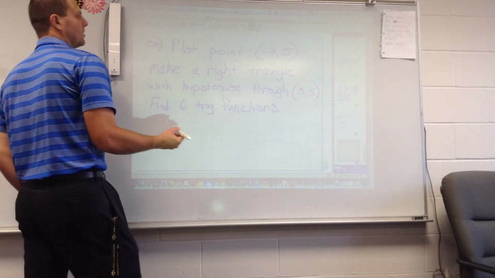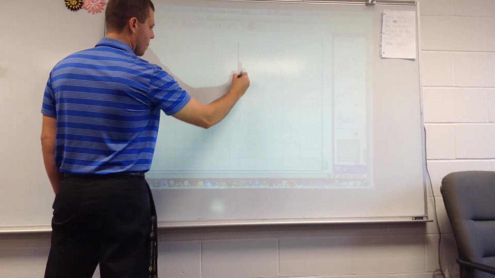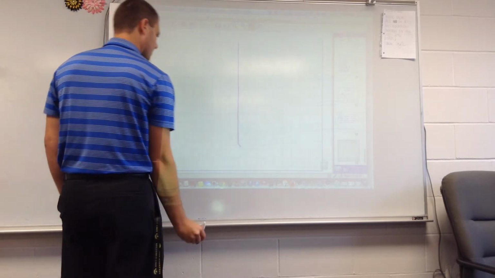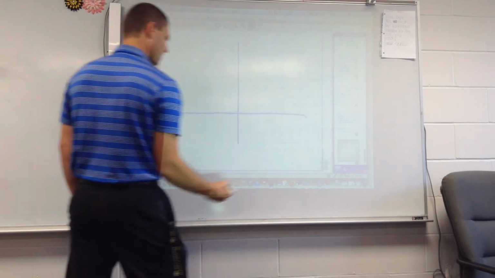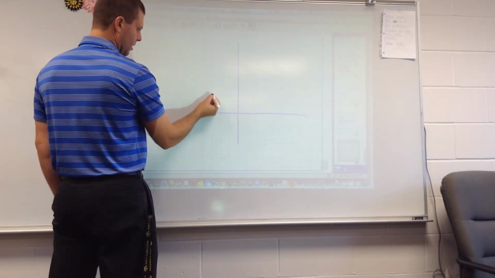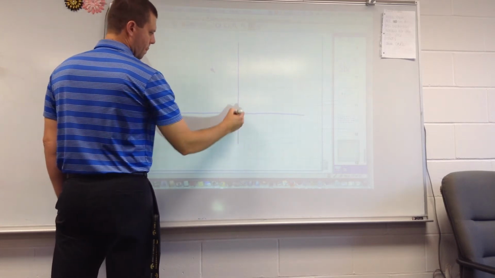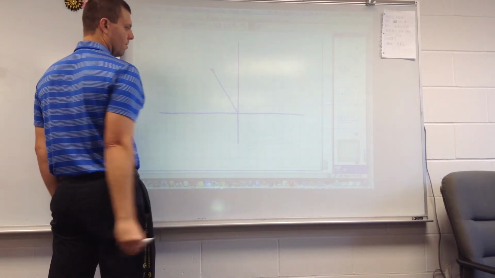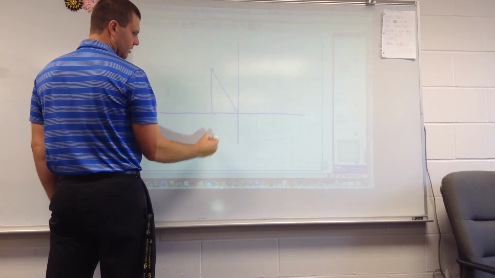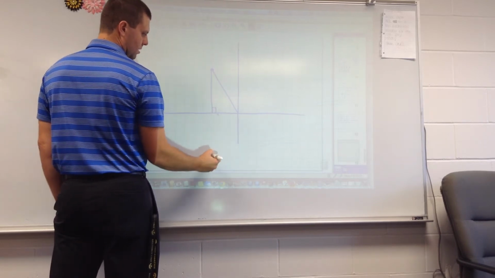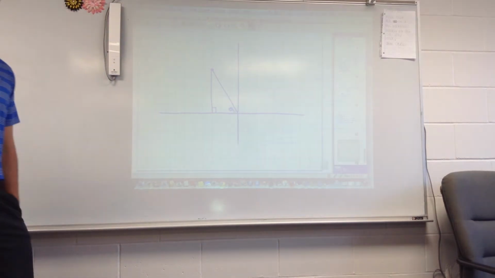Okay, so here's kind of what that's going to look like. So -3, 5. There's our hypotenuse from the origin. Go down to the x-axis. And we'll call this angle theta right here.